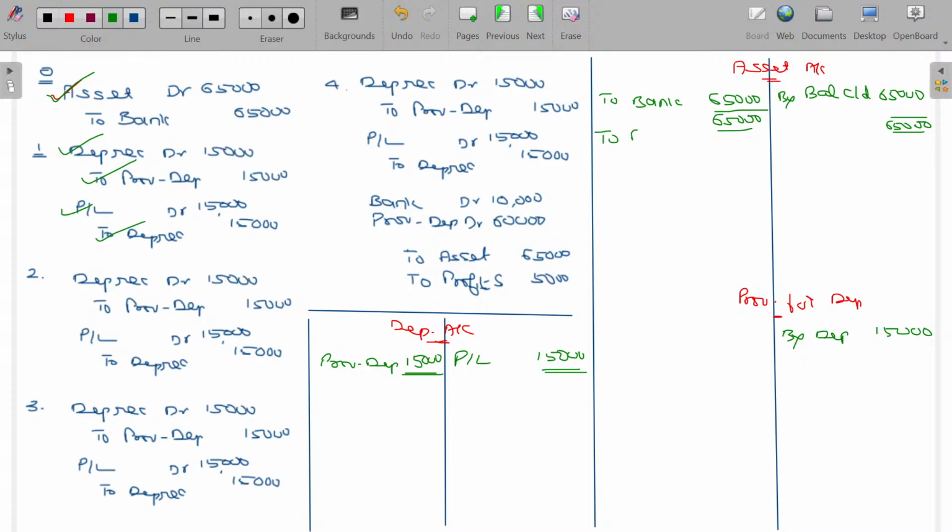To balance brought down 65,000. On tallying the provision for depreciation, 15,000, 15,000. Here to balance carried on 15,000, that becomes balance for the next period. By balance brought down.